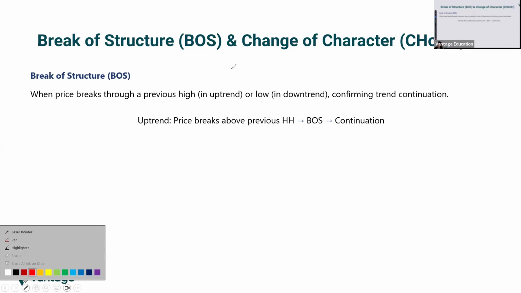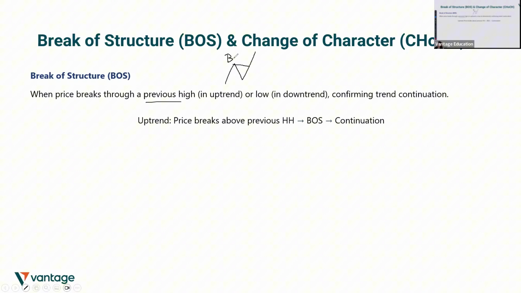You see that price makes a higher low, higher high, which breaks the previous high, which is this one. This is the BOS. And they continue to make higher low, higher high, higher low, higher high. This is a break of structure, BOS here, meaning trend continuation.